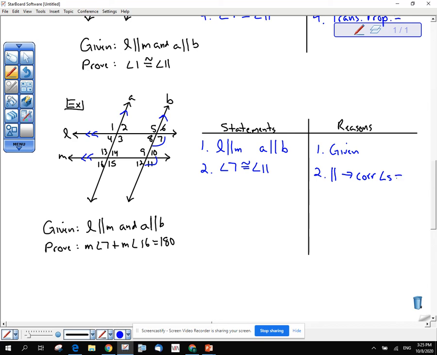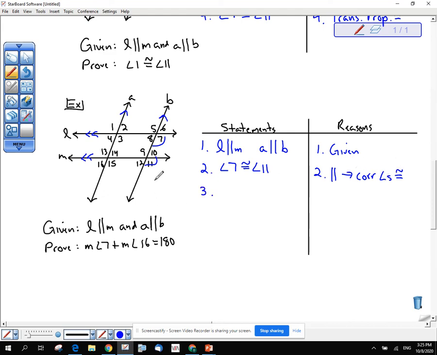Now, again, there are two pairs of parallel lines here. Please understand, these two angles are congruent because L and M are parallel. These two angles don't have anything to do really with A and B, right? They're not even touching A. So L is parallel to M, B is the transversal. That makes 7 and 11 congruent because L and M are parallel. Parallel lines implies corresponding angles are congruent.